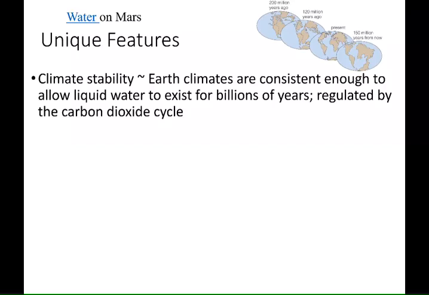And up in the upper right-hand corner, we have our continents. You know what a continent is, the land masses. Our continents used to be squished together in one large continent called Pangea. And then they began to separate, and they've been separating ever since.